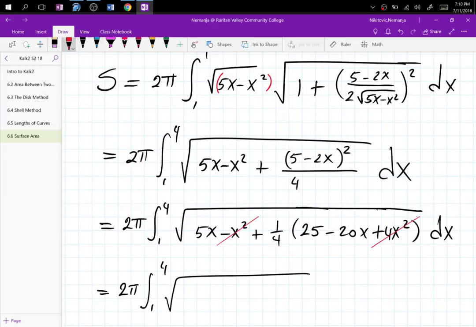What's left? Well, we have 5x minus 20x divided by 4 is also 5x. They also cancel. Right? So technically what we are integrating is the square root of 25 over 4.